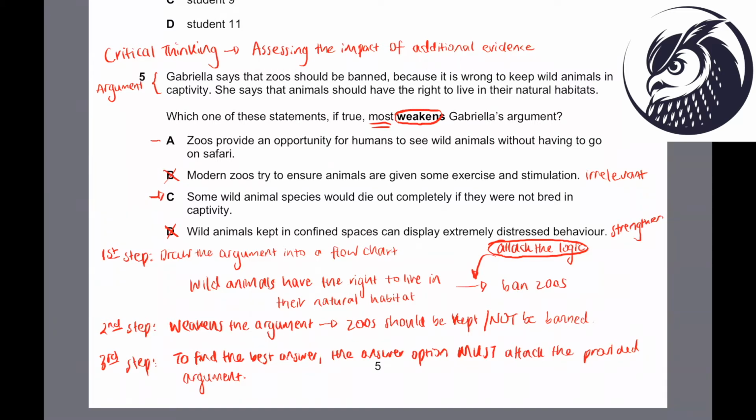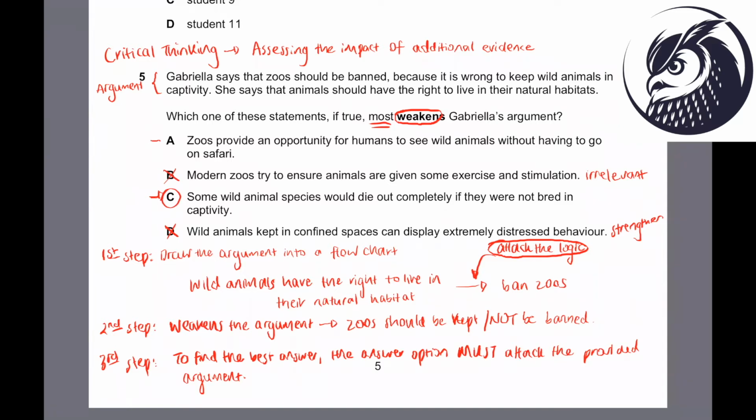Therefore, it doesn't even matter whether their rights are met within zoos. So option C definitely attacks the logic in Gabriela's argument, since some of these animal species would already be dead in their natural habitat, right? So option C is the better one between A and C, okay? And it's the one that most weakens or attacks the logic in Gabriela's argument.